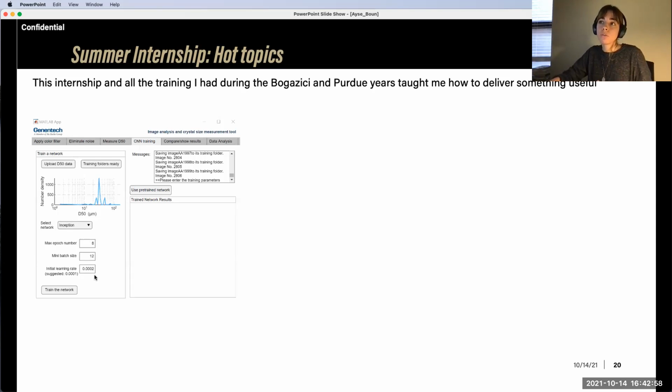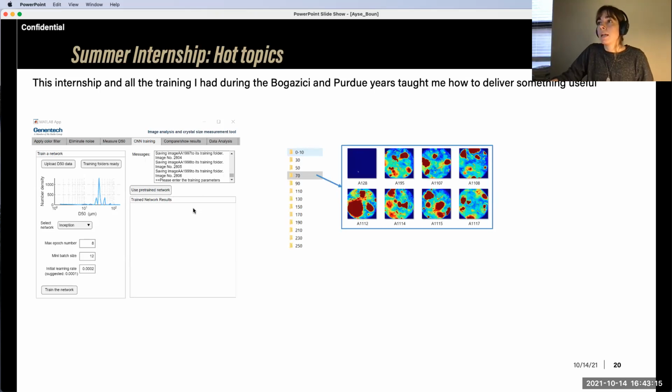Basically, you can use one of your experiments to train a neural network, and then you can use the trained neural network to analyze your other experiments in terms of calculating the crystal size, like D50 and everything. So that was nice to have. At least it was a nice learning experience for me. And this tool does everything for you, basically, automatically. You don't need to know much about neural networks, or you don't need to do the folding and other things.